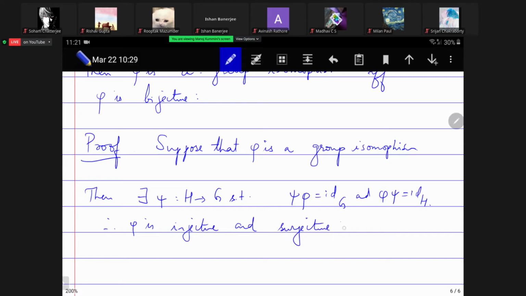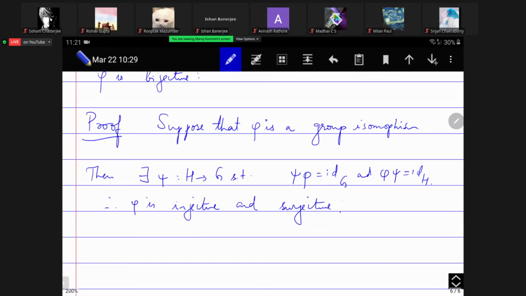So this proves that a group isomorphism is a bijective function. The words injective, surjective, and bijective refer to functions from one set to another. When we put additional structure, we refer to them as a linear transformation, a group homomorphism, or a group isomorphism.